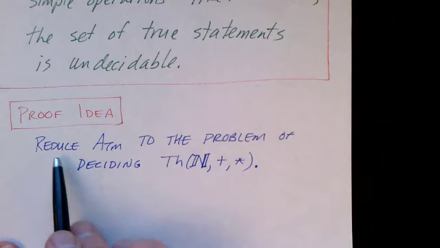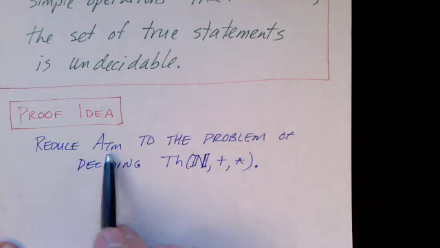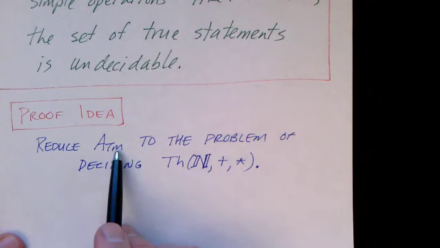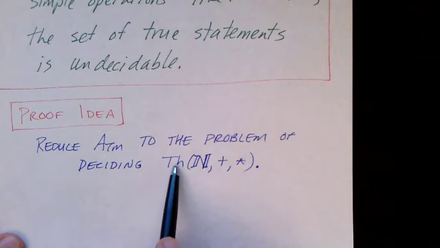So the idea behind this proof is to reduce the acceptance problem for Turing machines into the problem of deciding number theory. And since we know that the acceptance problem for Turing machines is undecidable, we can conclude that number theory itself is undecidable.